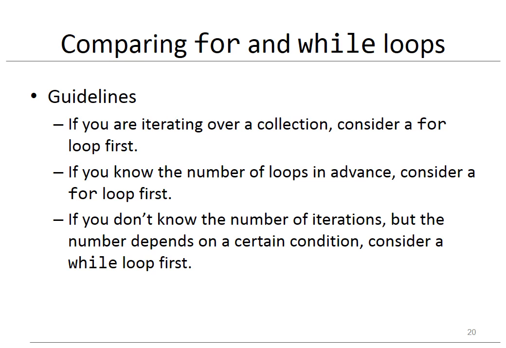Some general guidelines are as follows. If you iterate over a collection, consider a for loop first. If you know the number of loops in advance, consider a for loop first. If you don't know the number of iterations, but the number depends on a certain condition, consider a while loop first.